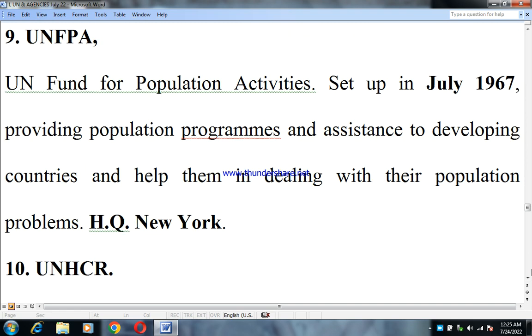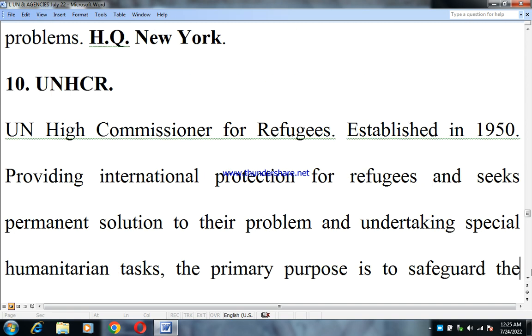Number 9, UNFPA, United Nations Fund for Population Activities, set up in July 1967, providing population programs and assistance to developing countries and helping them in dealing with their various population problems. And its headquarters is in New York.